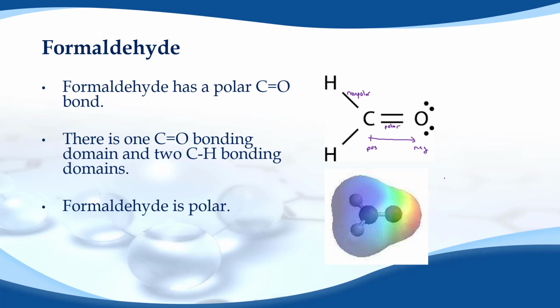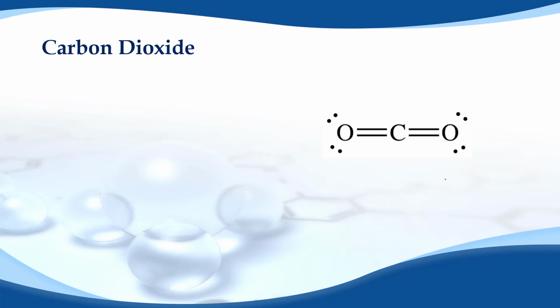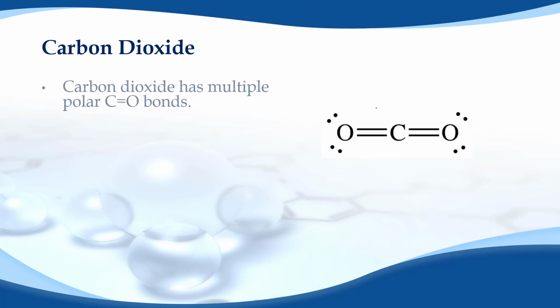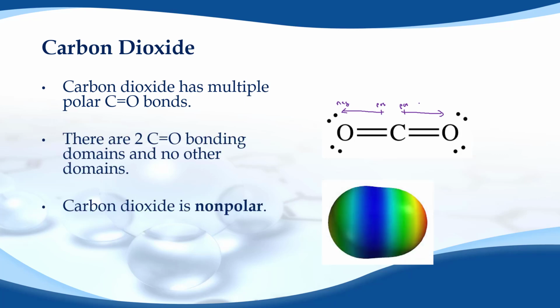Now, for an example of a nonpolar molecule, we're going to look at carbon dioxide. Notice, both bonds in carbon dioxide are carbon-oxygen. That makes both of those bonds polar. But because those bonds are 180 degrees away from each other and pointing in exactly opposite directions with the exact opposite strength, they cancel out.